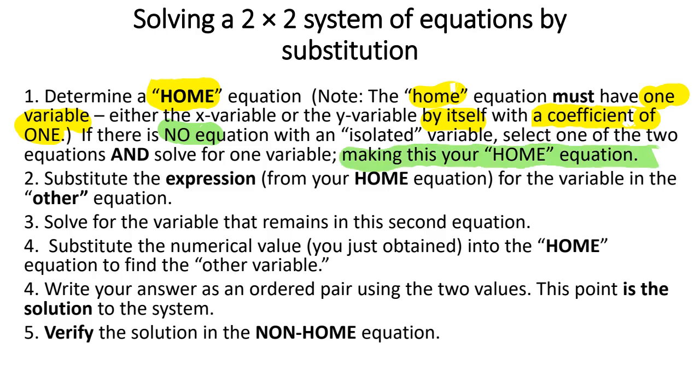I have to make it, which means I got to do a little algebra before I start. Then I'm going to do what this process calls for. I'm going to substitute my home into the other equation. And then I am going to solve for the variable that remains.